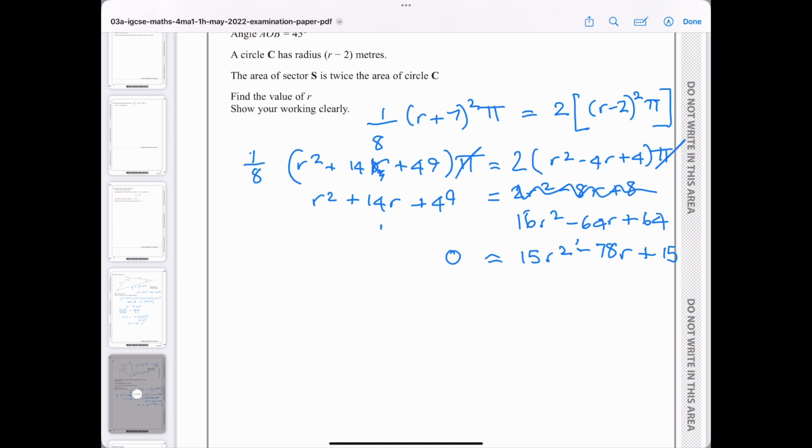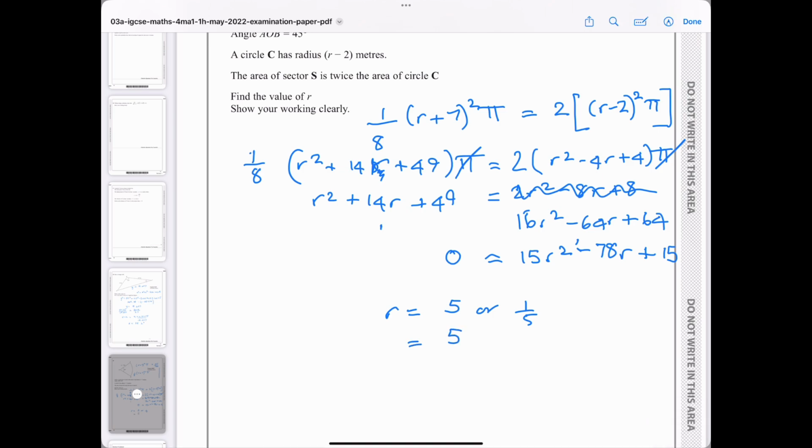One of the answers is 5. So r equals either 5 or 1/5, which means that r equals 5.